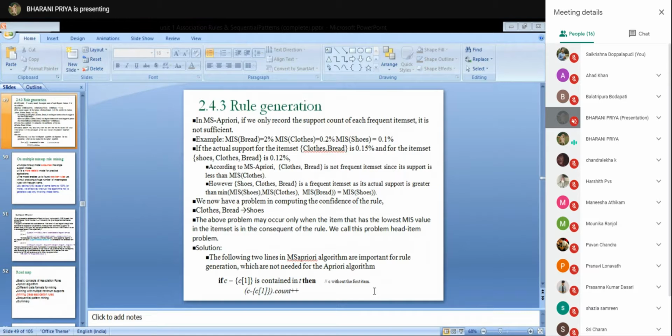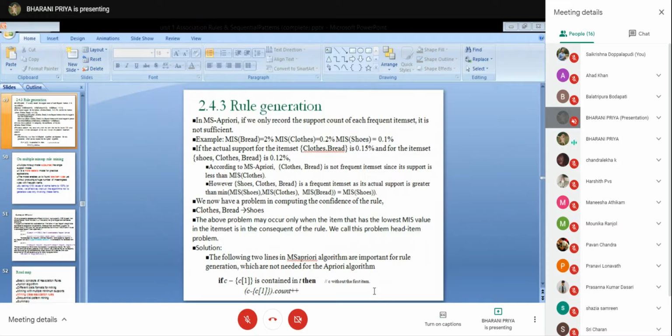The actual support should be greater than the minimum of all MIS values of the items that are there in the rule. Yes or no? What is the validity rule? The actual support should be greater than the minimum of all MIS values of items that are there in the rule.